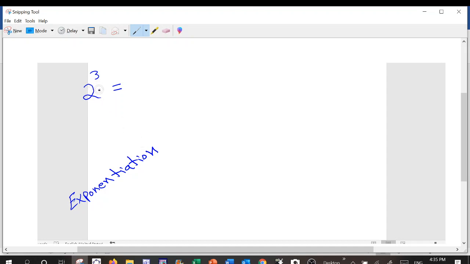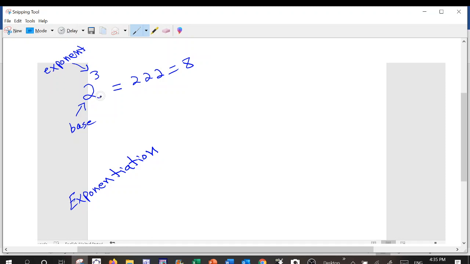I'm exponentiating 2 and 3. Now, I'm using this number as base and that number as exponent. So the way it works is that we write the base exponent number of times and then multiply. That's the idea of exponentiation.